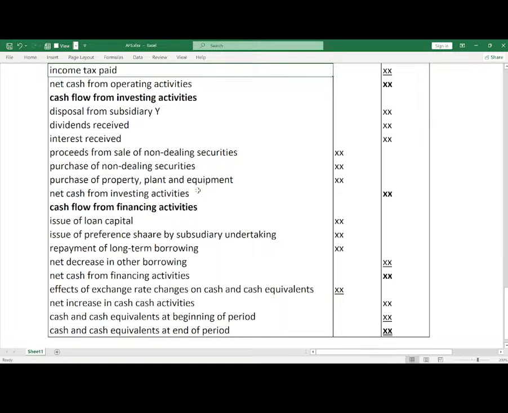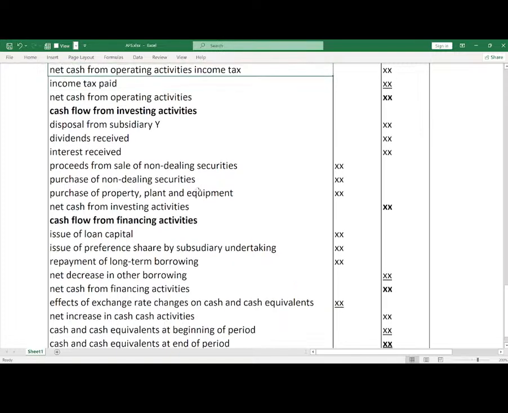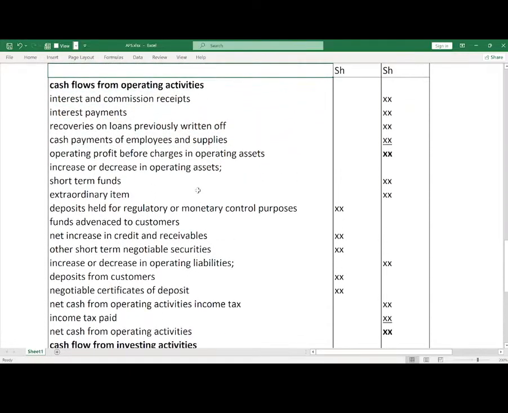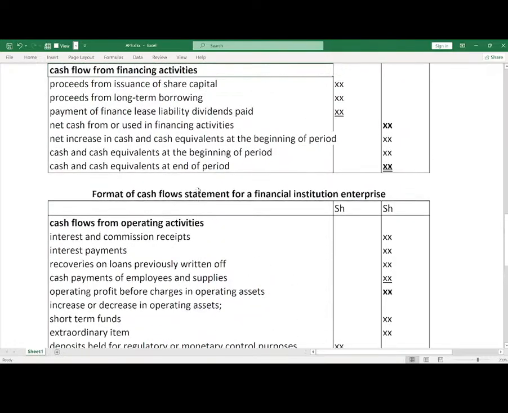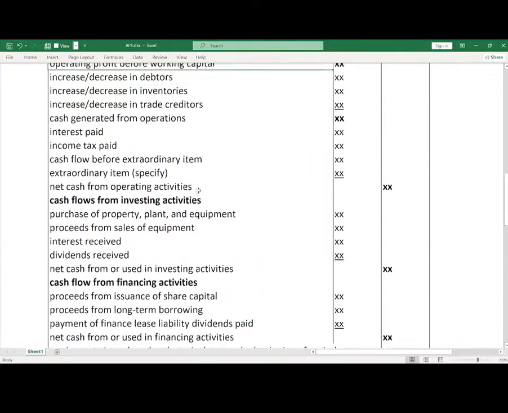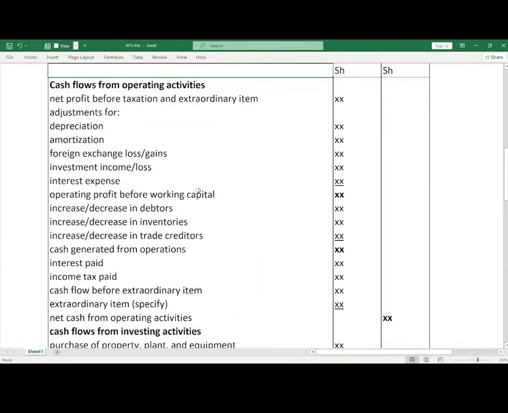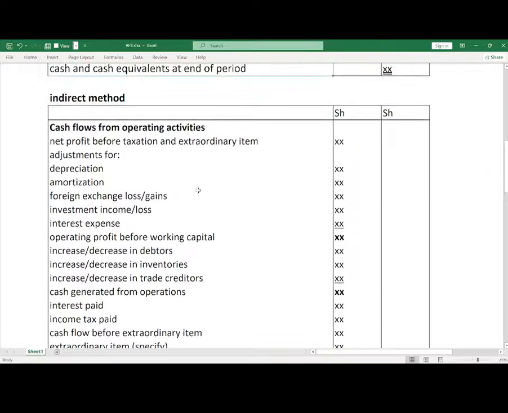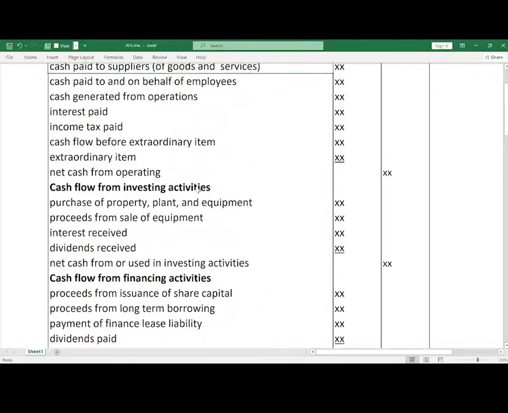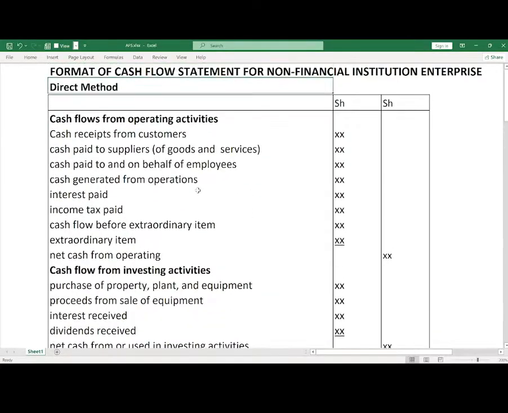So a minute, take a screenshot up to there, so that you can also take a screenshot of the upper part of the cash flow from operating activities. So those are the two formats that I wanted to look at, but mostly we are given questions to deal with the indirect method using the non-financial institutions.